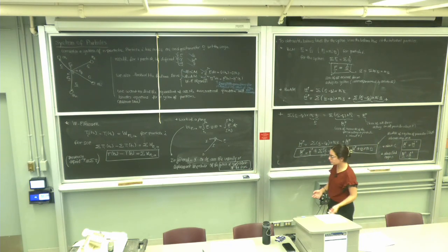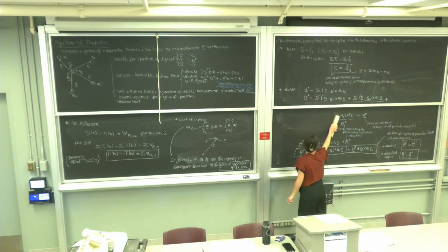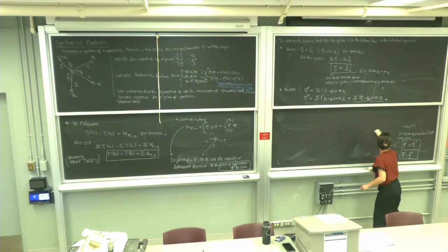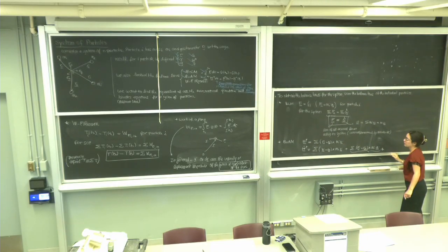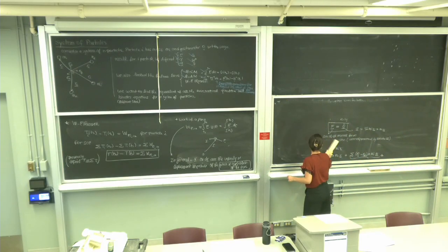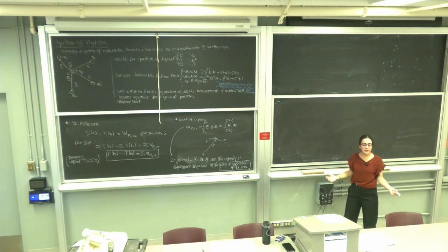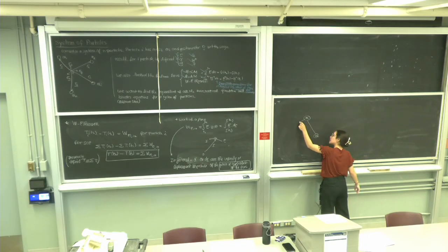So for example, let's consider the dumbbell system, M1, M2, having velocity, say, V1.